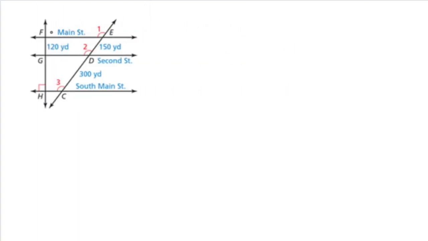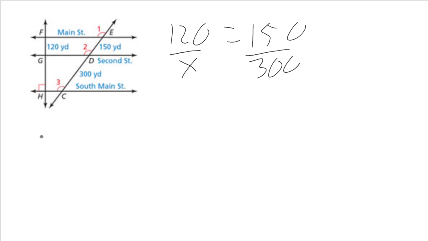We can also do this with parallel lines with a line cutting through it. We would go straight across and say 120 has a relationship to 150 in the same way, and then let's find what GH is. X is to 300.